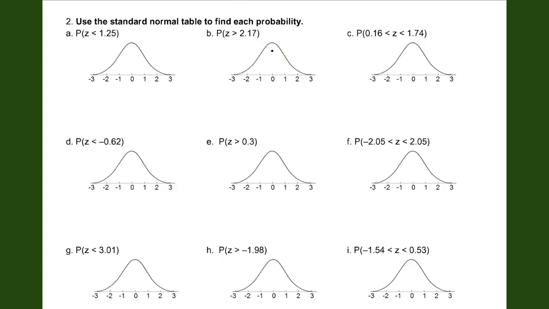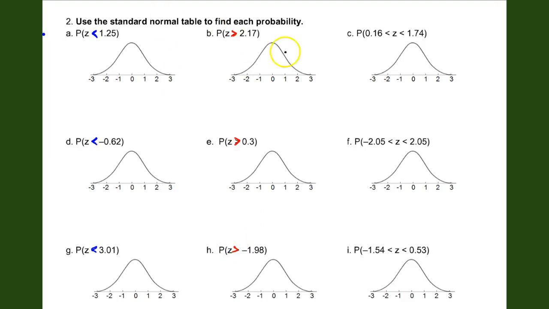So let's get started on looking at the types of problems we have. First thing you want to notice is that there are three types of problems on this page. We have the ones that are just less than the value given, right? So that's this column. And then we have some that are greater than, right?